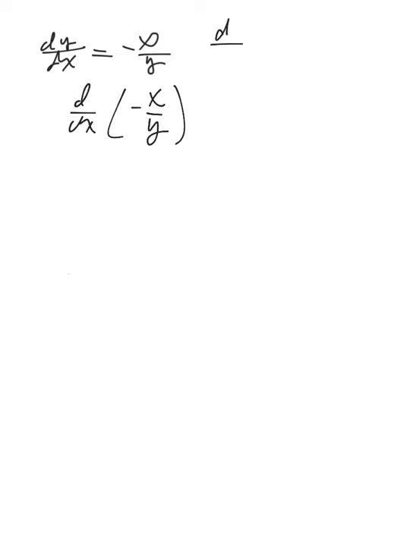Recall that the derivative of a quotient is u prime v minus u v prime over v squared.